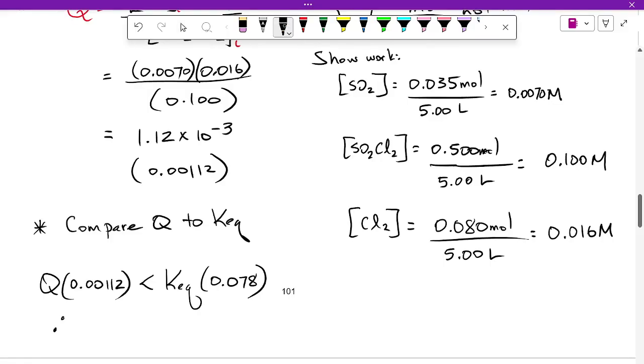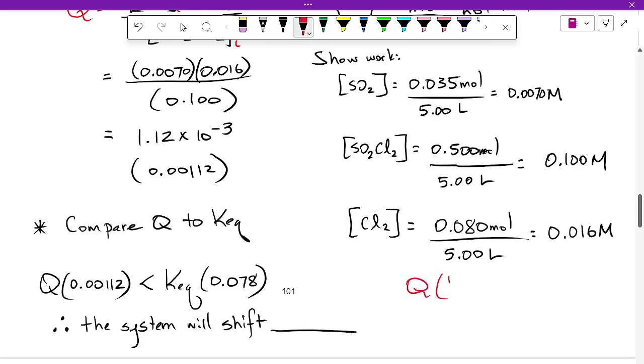And if that's the case, which way will the equilibrium shift? Therefore, the system will shift. Now, this is all you need to write. I'm going to put in red what you can use to think about it.